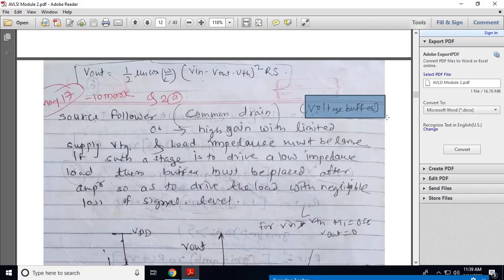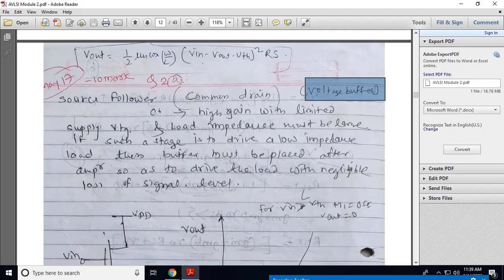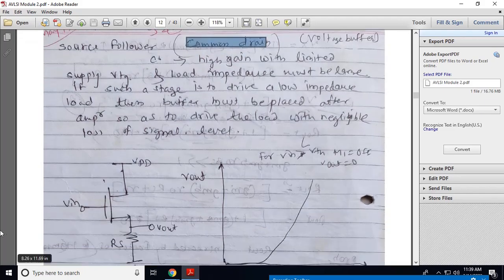The source follower is a common drain: the drain is common, so you apply the input to the gate and the output is measured at the source. That is a source follower or a voltage buffer. A voltage buffer has unity gain, gain is 1, Vin is equal to Vout.